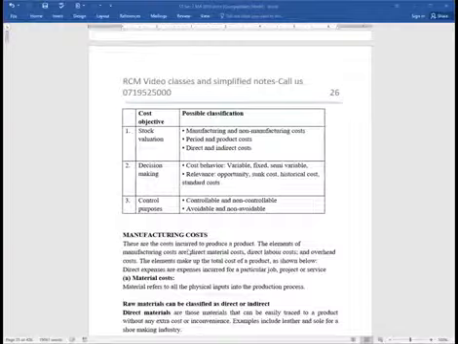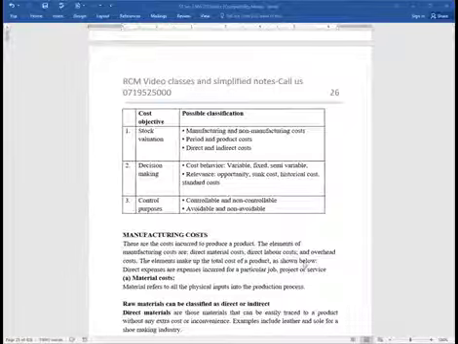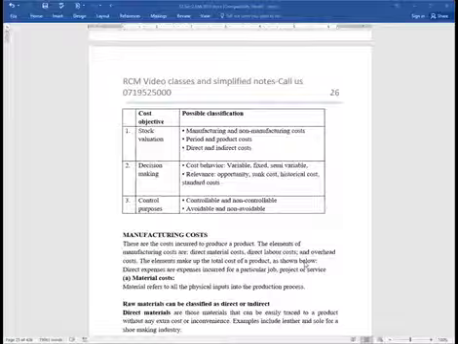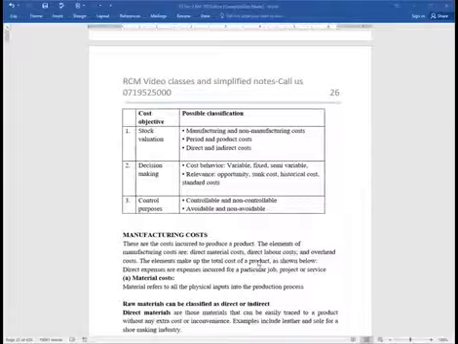The elements of manufacturing costs are direct materials, direct labor cost, and the overhead costs which are directly attributable to production. The elements that make up the total cost of a product are shown below. So they have explained them here.